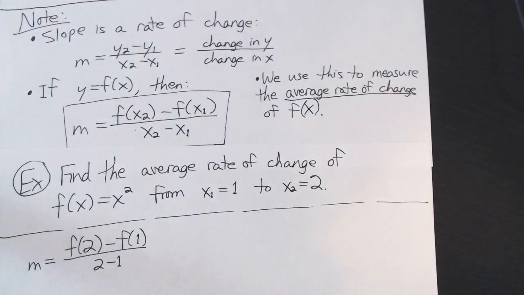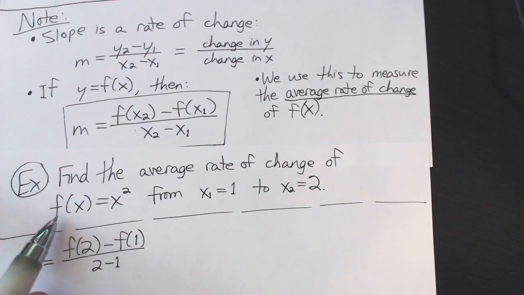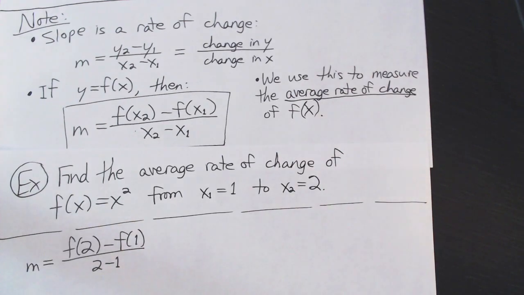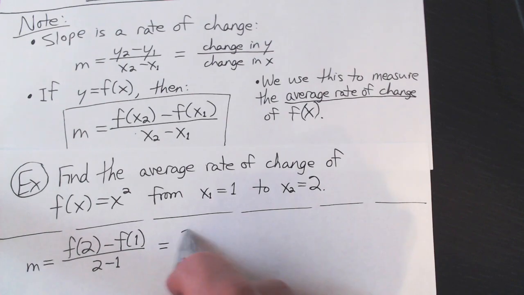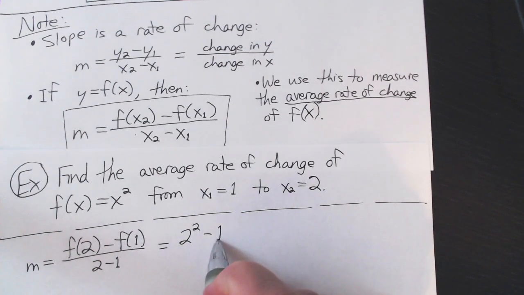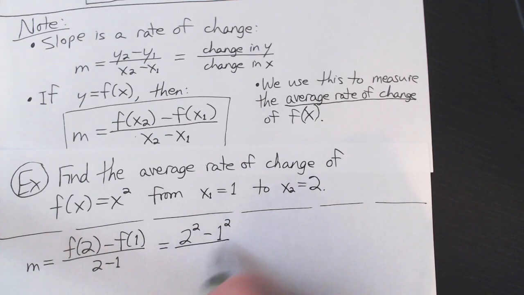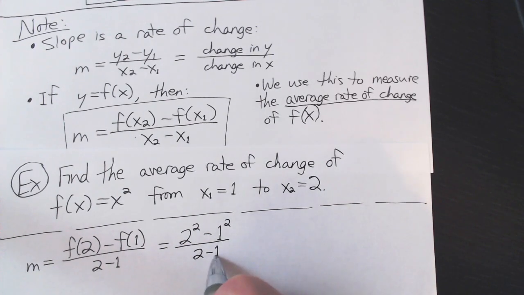In this case, for this problem, the function that we were given is x squared. So what is f of 2? F of 2 in this problem is 2 squared. What is f of 1? It's 1 squared.